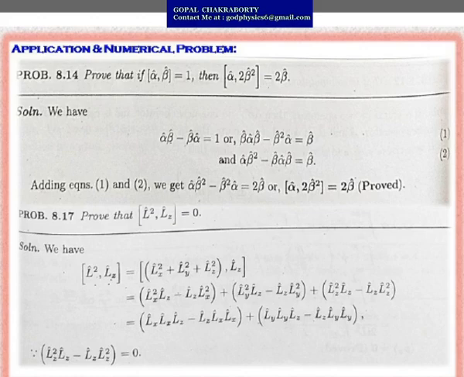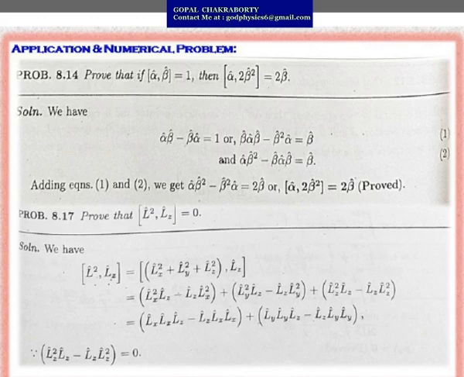Next one, you have to prove that the commutator of L square and Lz cap equals 0. So the commutator of L cap square and Lz cap can be written as the commutator of Lx square plus Ly square plus Lz square with Lz cap.